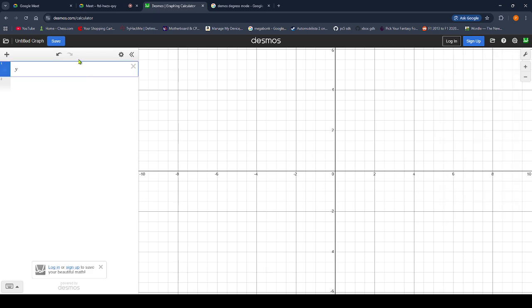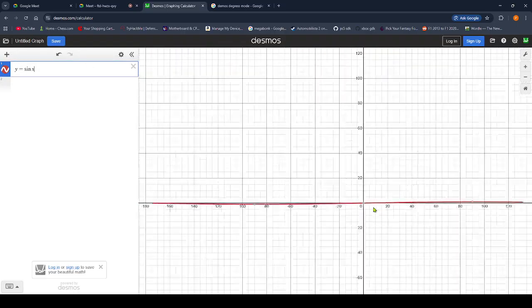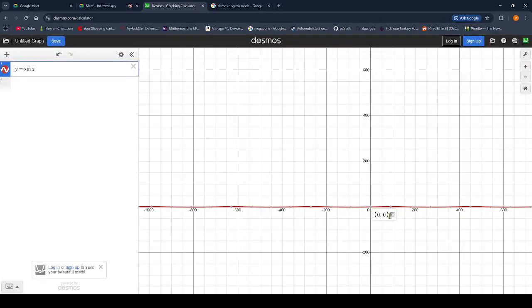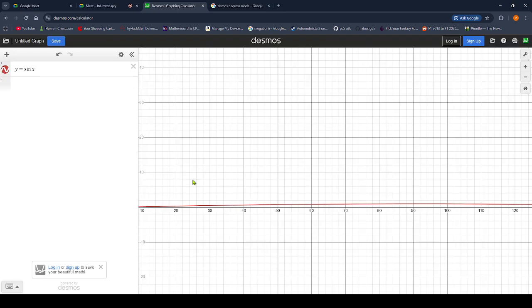Now y is equal to sine of, excuse me. Right. Let's say 2x. Now let's zoom in here and we'll see the graph.